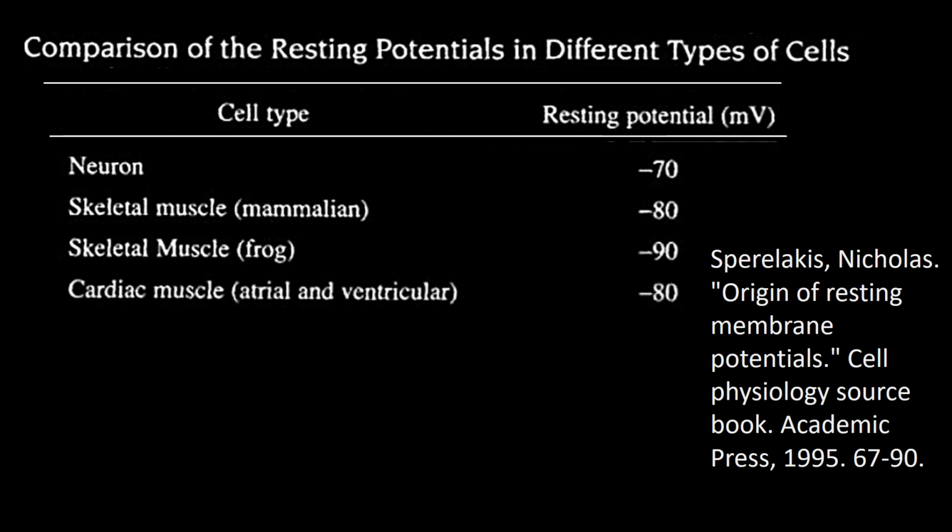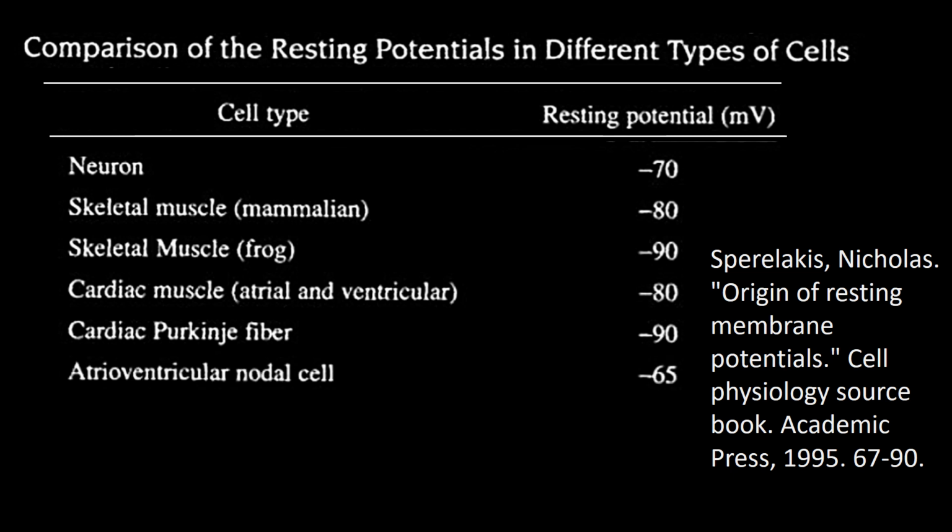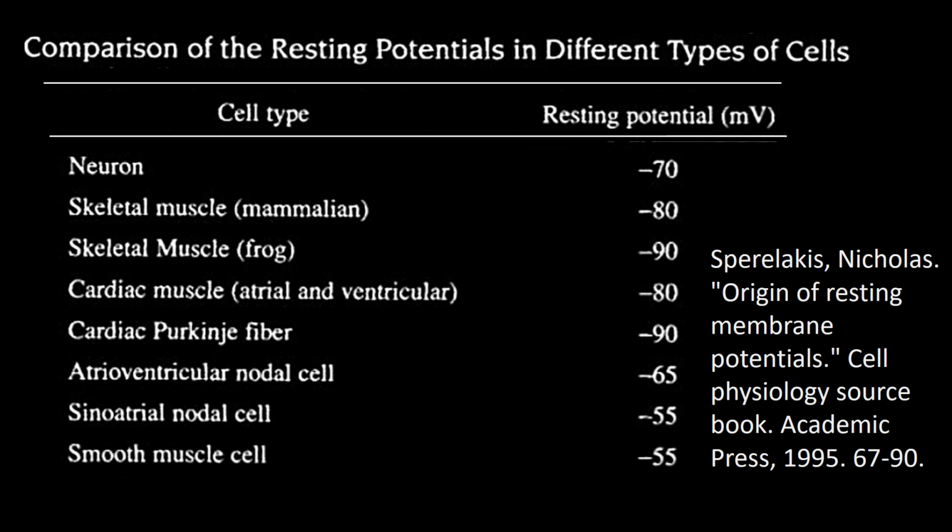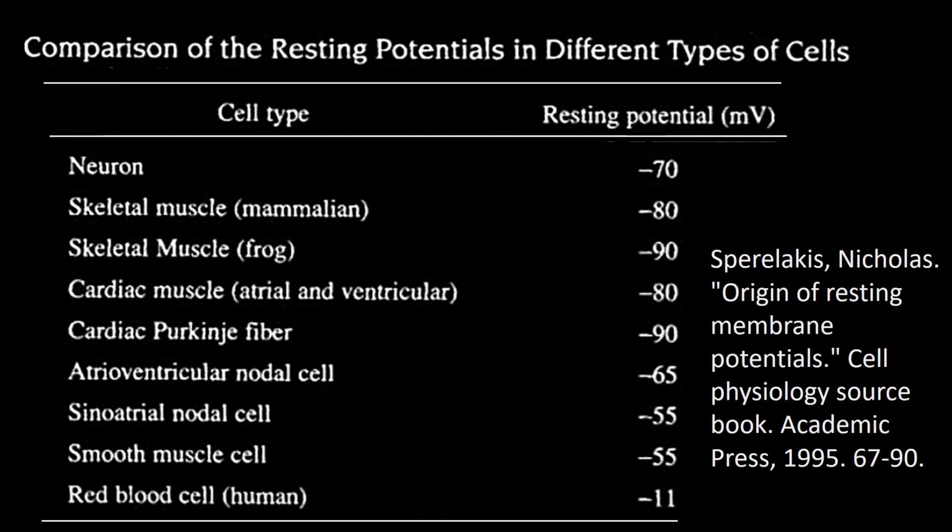cardiac muscle -80, cardiac Purkinje fibers -90, atrioventricular nodal cells -65, sinoatrial nodal cells -55, smooth muscle cells -55, and human red blood cells -11.